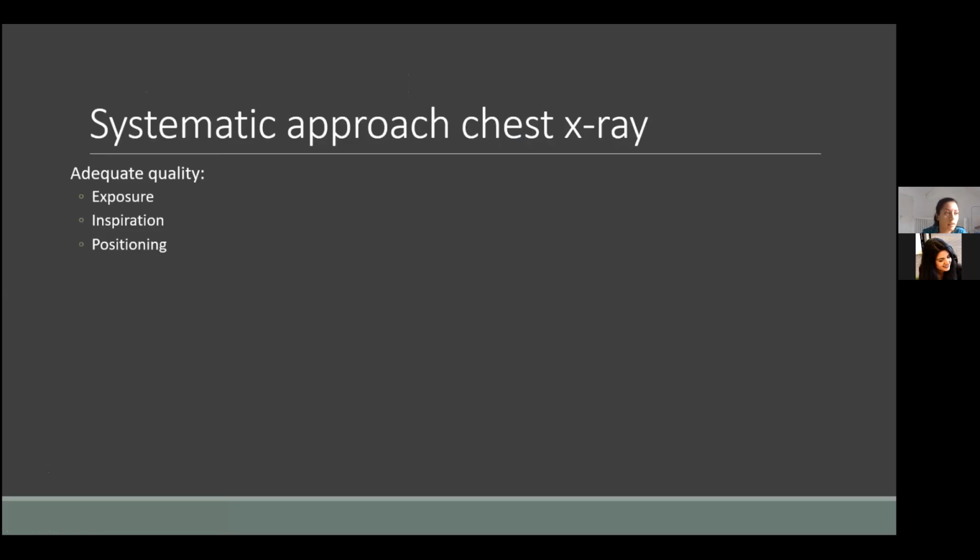Moving on to the systematic approach. Before starting with the systematic approach and recognizing the pathology, you also have to look at adequate quality of the chest X-ray, which is really important.